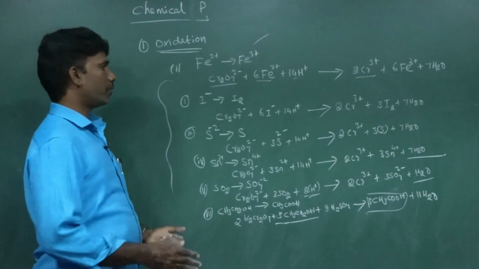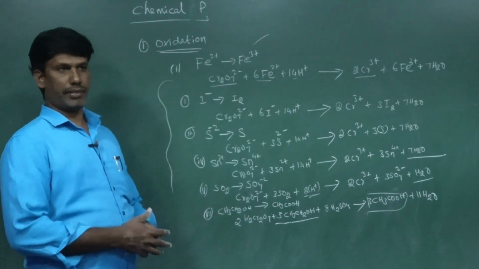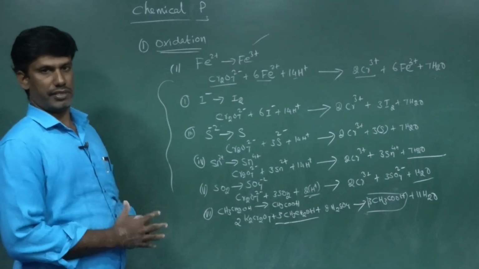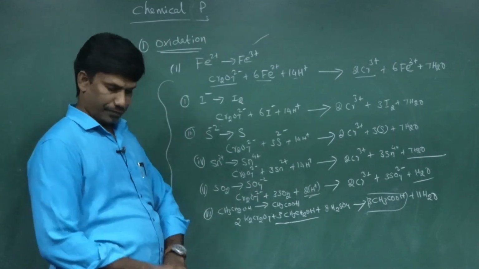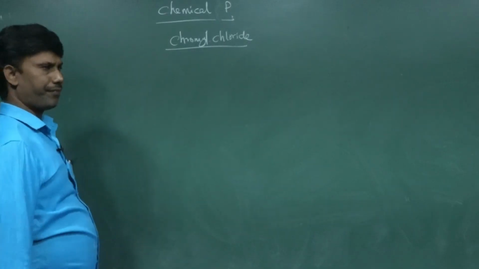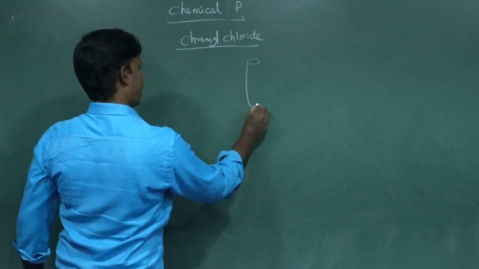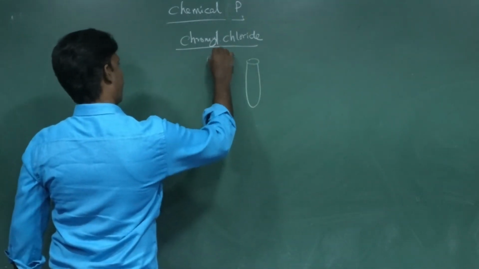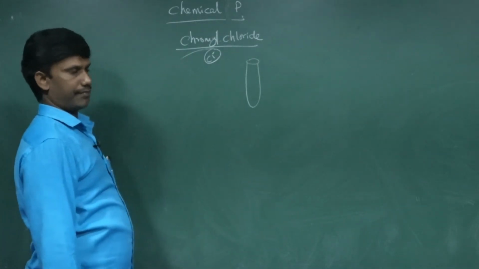Let us move on to the next property, a very important chemical reaction of potassium dichromate, the chromyl chloride test. It is very important to identify the acid radical, especially chloride ion, in qualitative analysis.